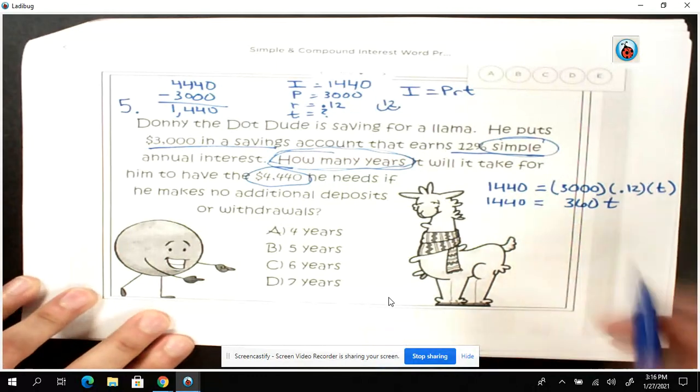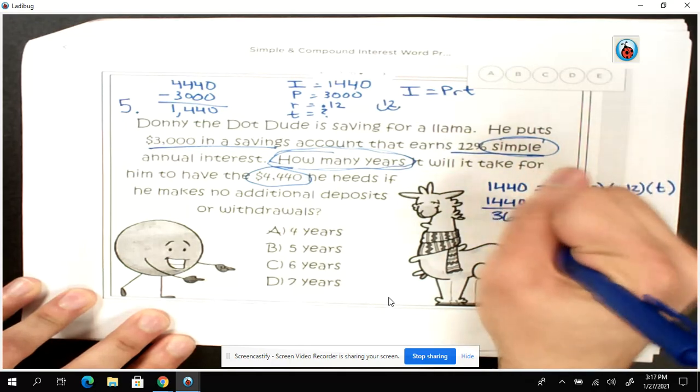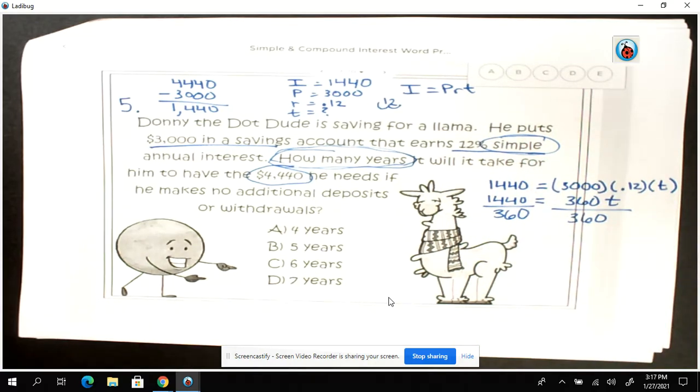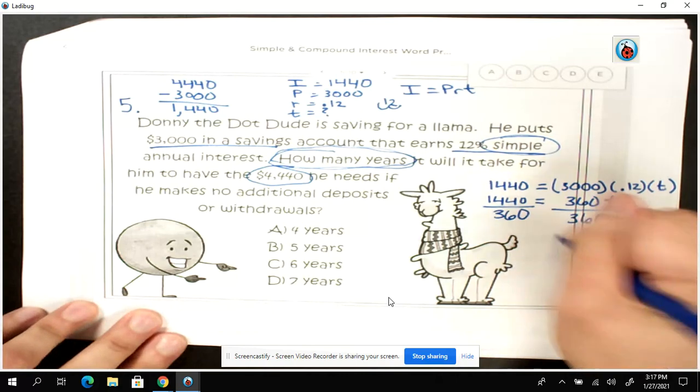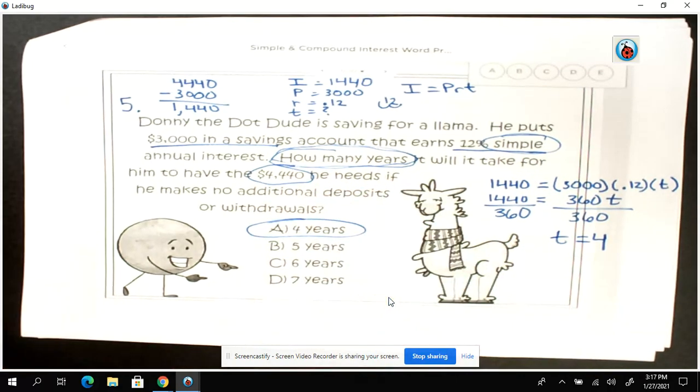Inverse operation, division: to get t by itself, we divide by 360 on both sides. So 1,440 divided by 360, and I get 4. So it's going to be 4 years. That's how you find a variable other than just interest.